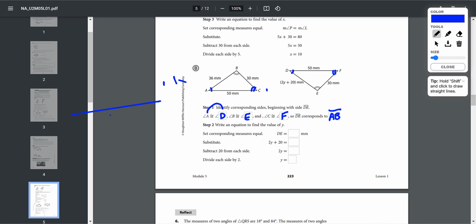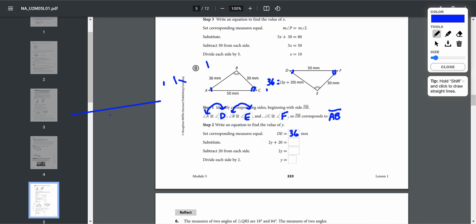So think about it: angle A is congruent to angle D, and angle B is congruent to angle E. So since we know DE is congruent to AB, that means segment DE also has to equal 36 millimeters.